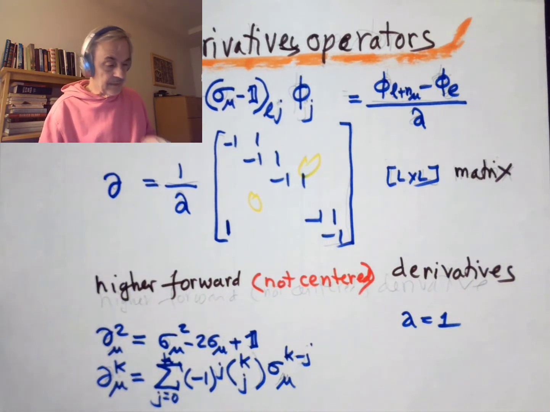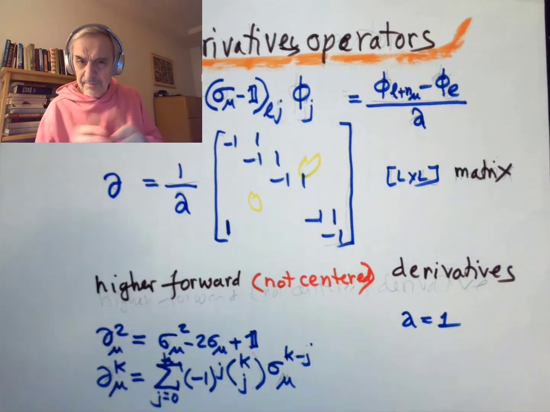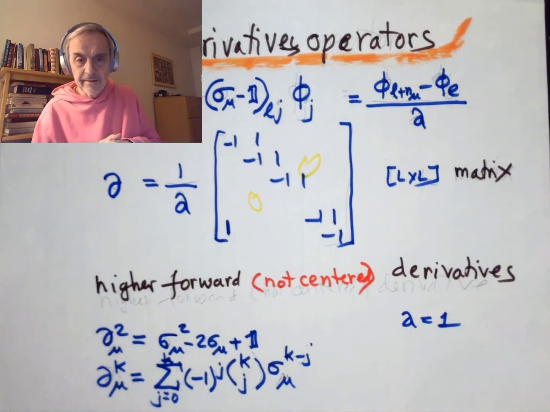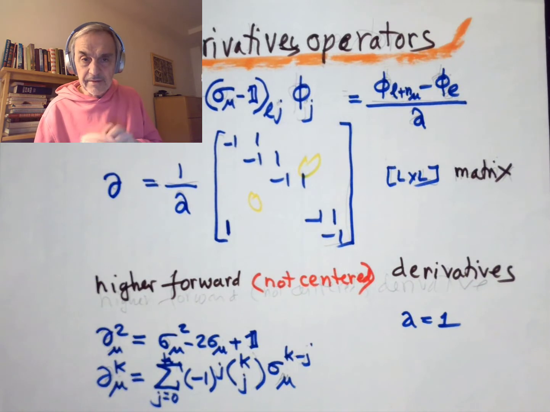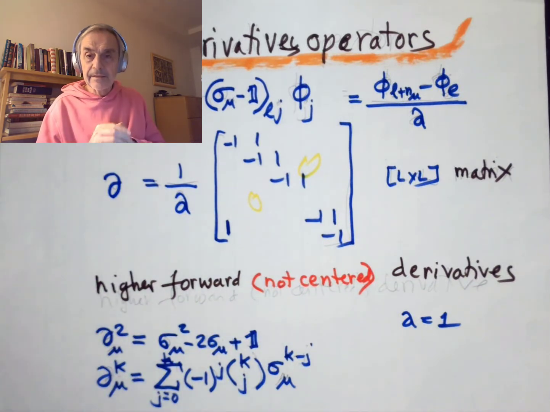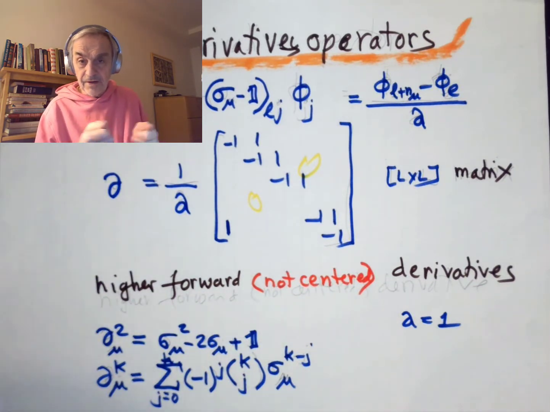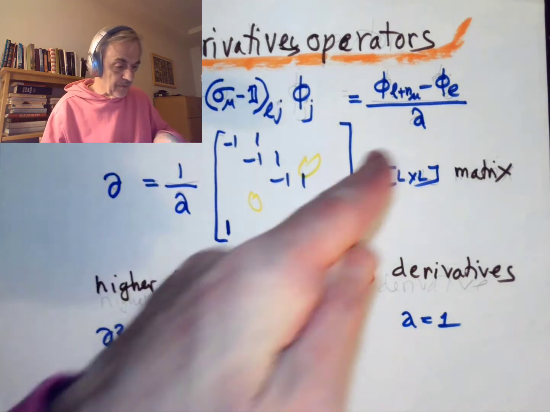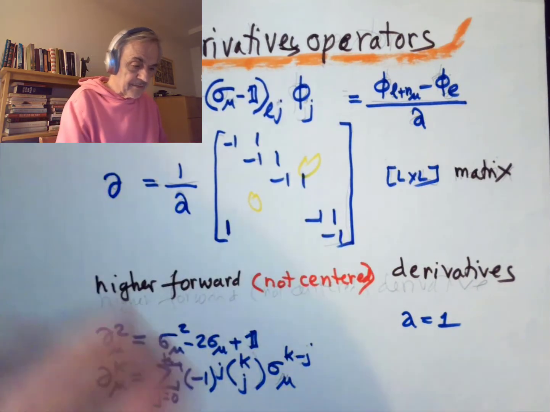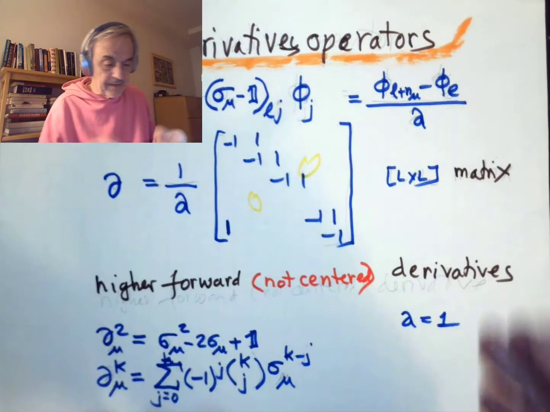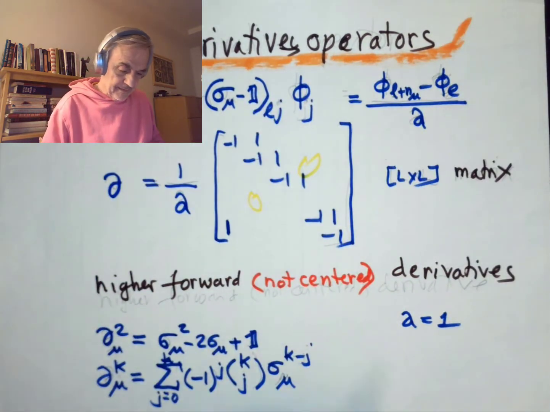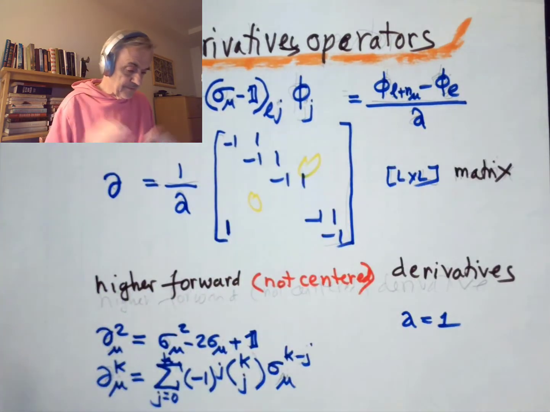Now, as I'll show in the next snippet, this non-centered thing is a little bit unnatural. There's a better way to compute the derivatives that not only takes care of translational symmetry, because you can notice all these things are translationally invariant, because if I add a constant to everything, it cancels in the differences. That's fine.